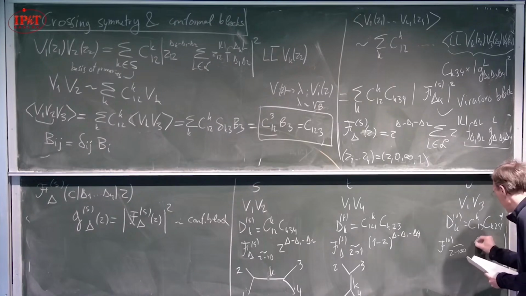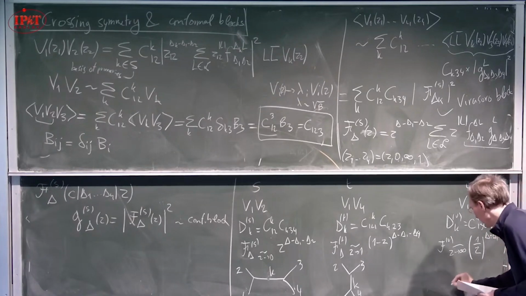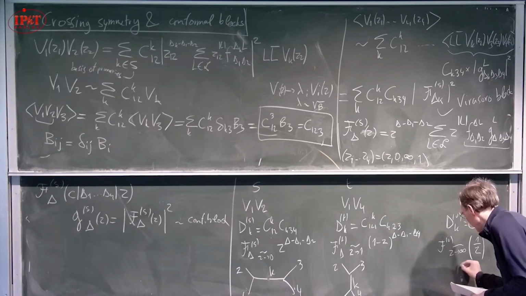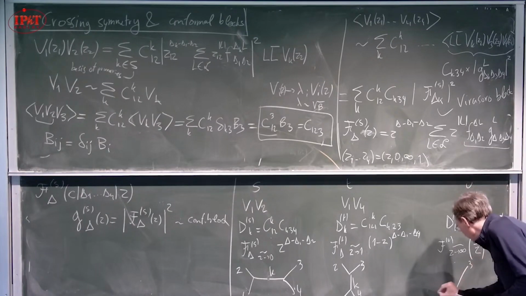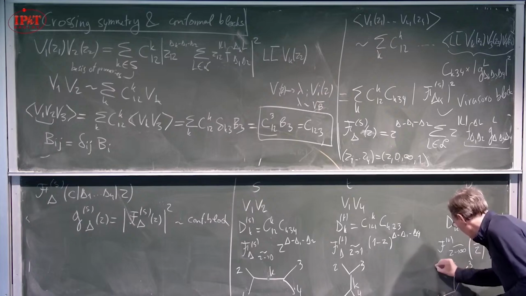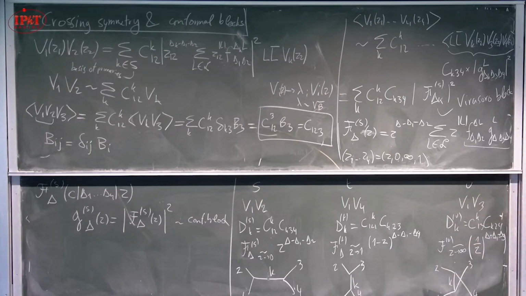If you do it carefully, you should find Δ plus Δ1 minus Δ3 here. And it corresponds essentially to this diagram, where 1 and 3 are related, and 2 and 4 are related with k here.